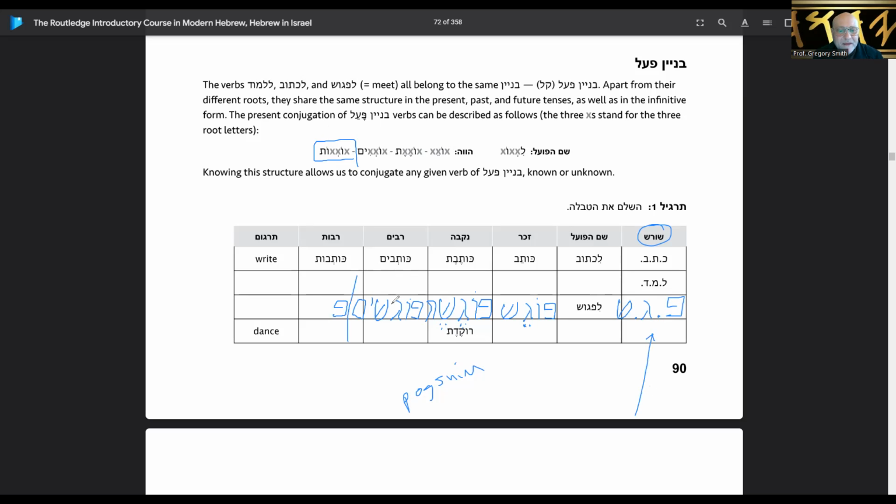Imagine there's a space there, a space there, a space there. They don't really leave me a lot of room to write. Of course, I write big too. Then we're going to use the gimel and the sheen. There are the three letters of the shoresh. And then we're going to get the feminine plural ending, the ot ending, so it's pogshot. So if we were to say, hen pogshot, hen pogshot.